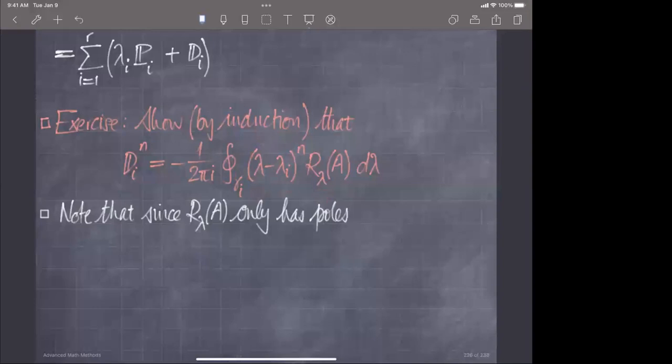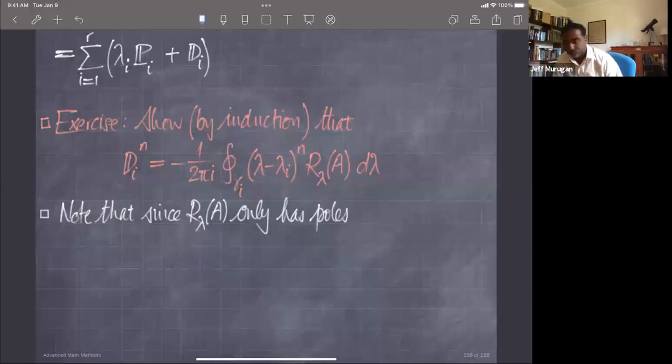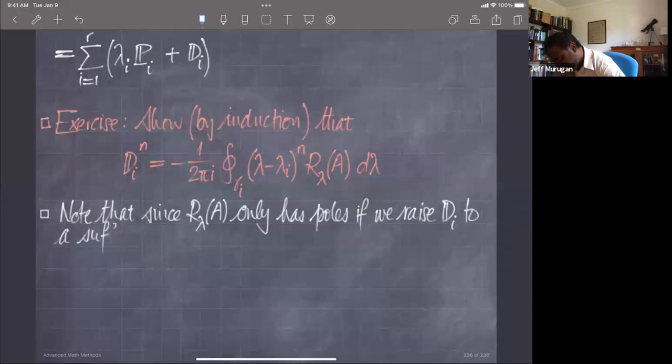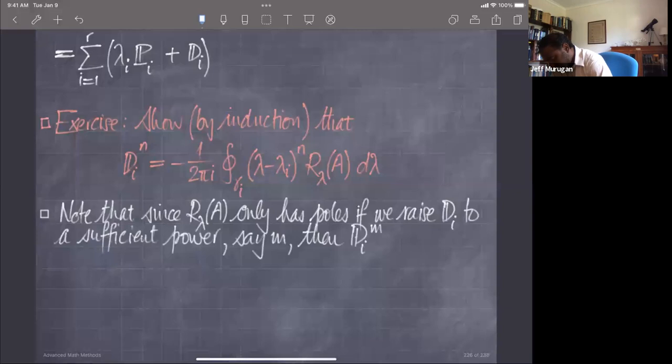So since the resolvent only has poles, if we raise di to a sufficient power, let's say m, then the resulting object di to the m will be analytic.